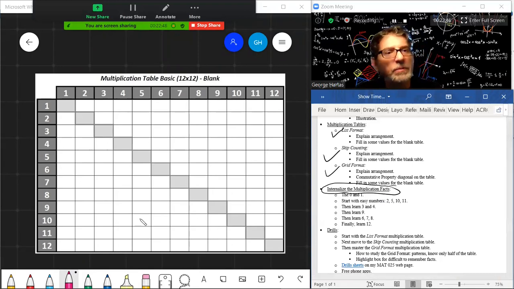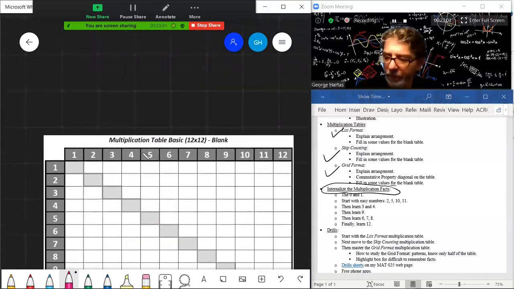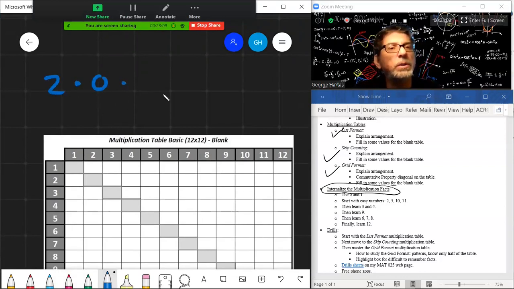Now notice that there's no zeros here. And the reason is that 0 times anything is 0. So 0 times anything is just 0. In fact, let's say we had this problem. 2 times 0 times 5.